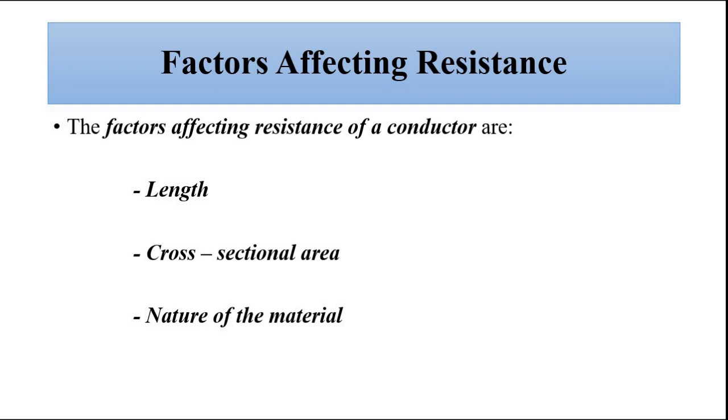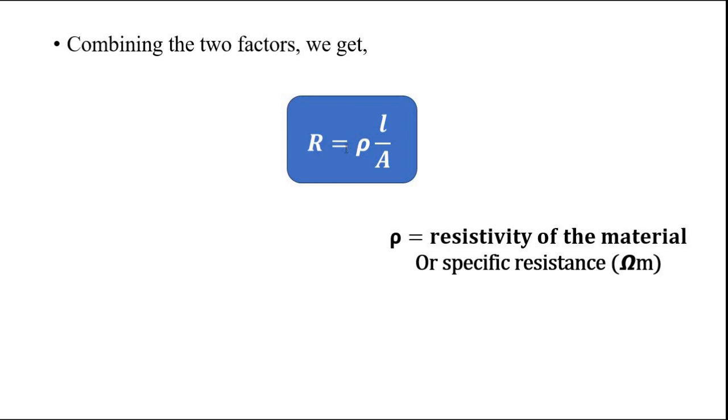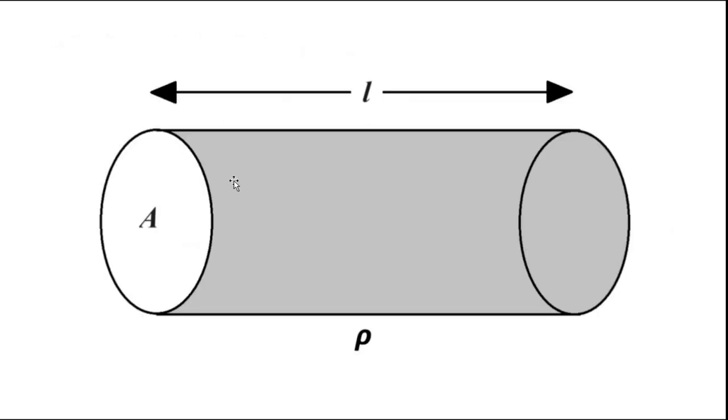It has been experimentally found that the resistance is directly proportional to the length, inversely proportional to the cross-sectional area, and there is another parameter which is called resistivity or specific resistance, which arises because of the nature of the material. Combining all these factors, we get resistance is equal to rho L by A, where L is the length, A is the cross-sectional area, and rho is the resistivity of the material.